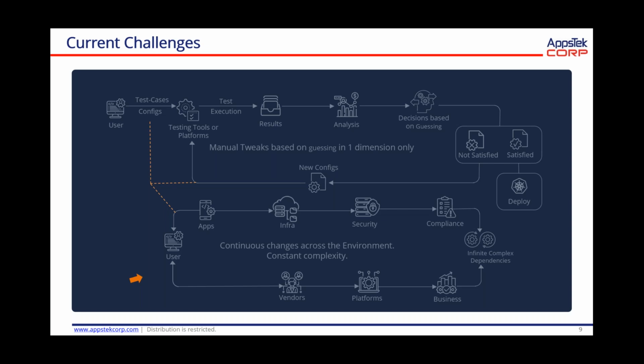This is the whole number of items which could impact what you want to configure and how the test case should be written, and what are the tweaks you need to do to achieve that optimal resource consumption target that is infinite.